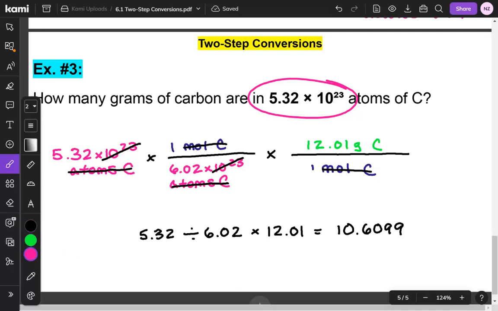I want to round to the sig figs in my given. This time it's 3 significant figures. So if I round that to 3 significant figures, I get 10.6, and my units that I'm left with are grams of carbon. All right. Those were 2-step conversions. Guess what's next? 3-step conversions.